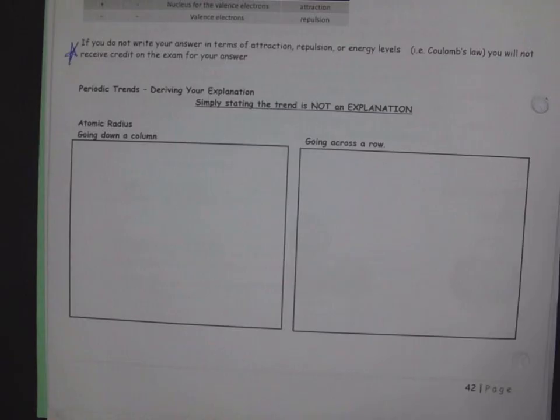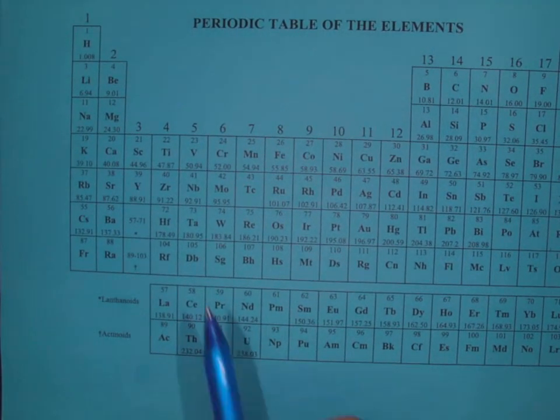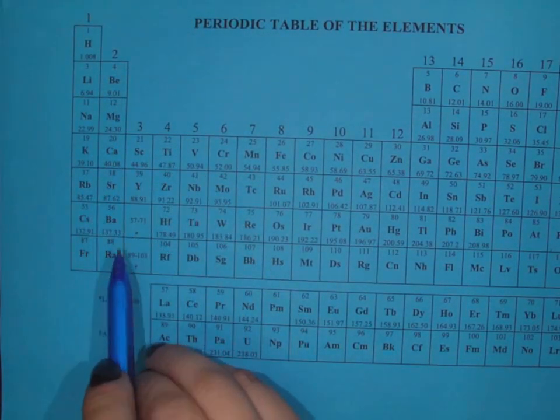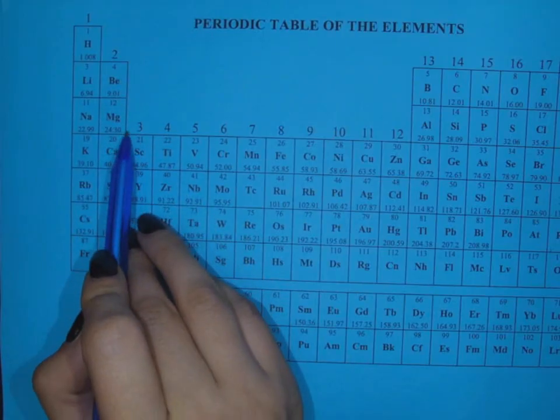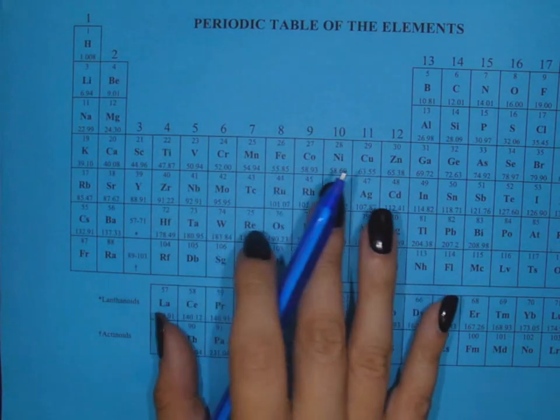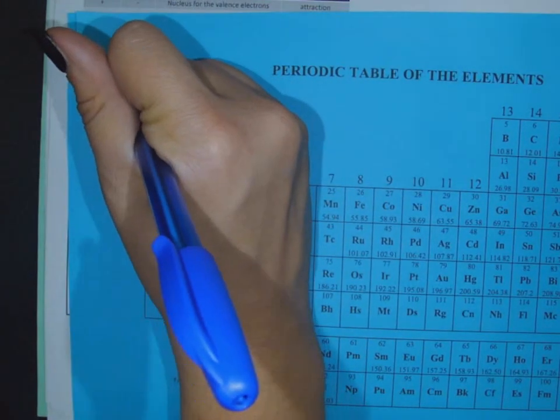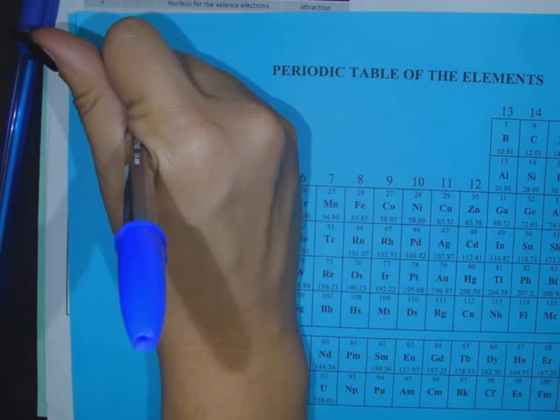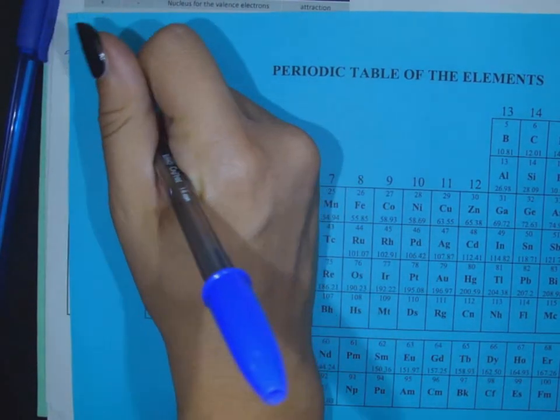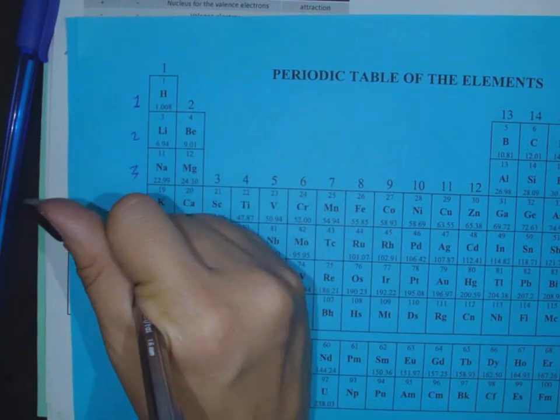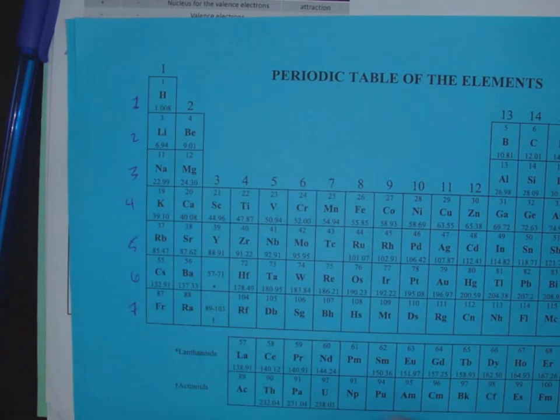What happens to the radius of an atom as we go down a group? Like going from beryllium to magnesium. Okay? Well, here is our energy levels. It's how many electron shells these atoms have. Okay.